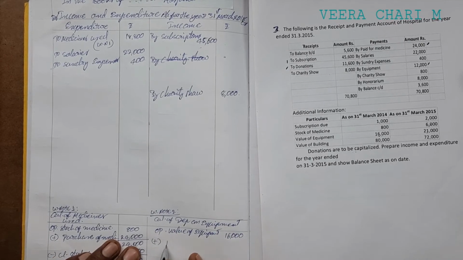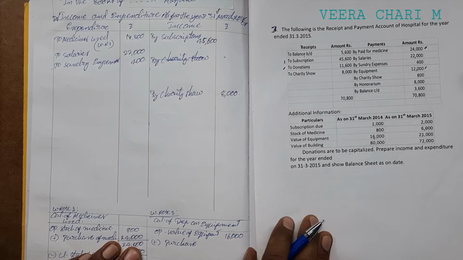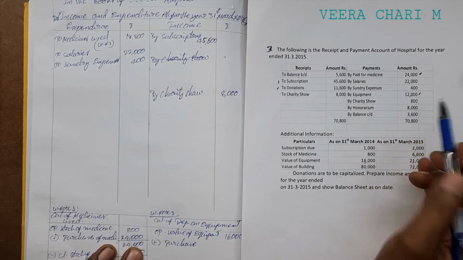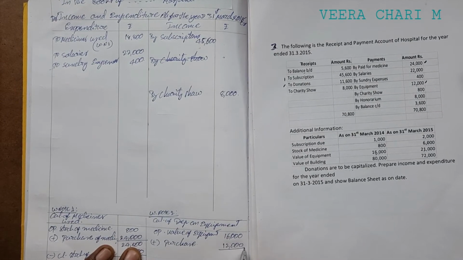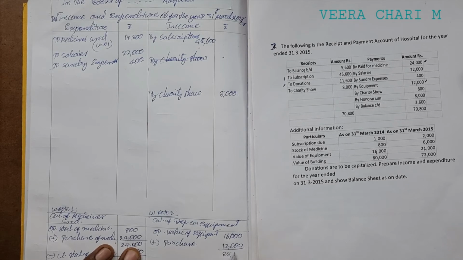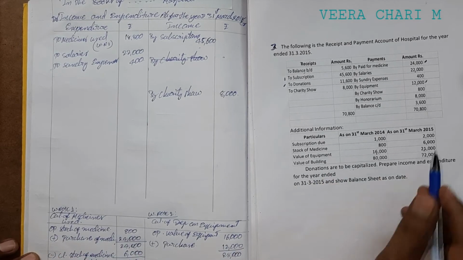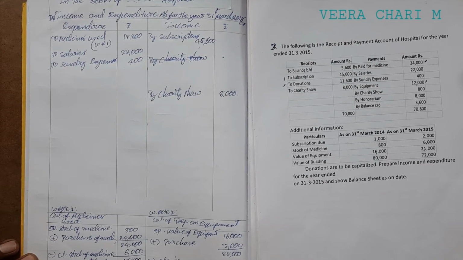Add the purchase of equipment during the year, 12,000. After adding 12,000 it is 28,000. Less closing value of the equipment, it is 21,000.